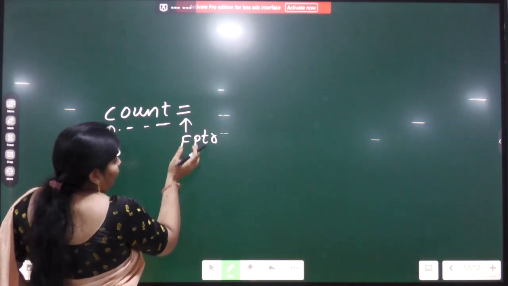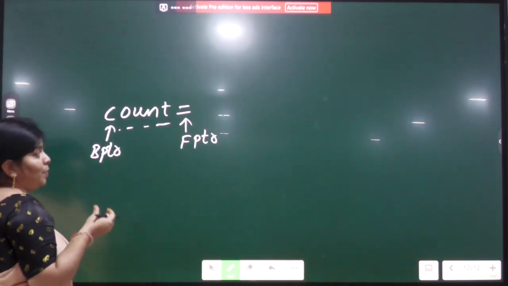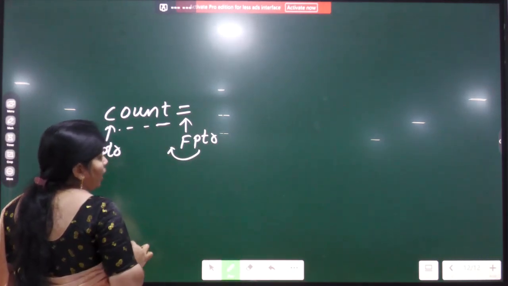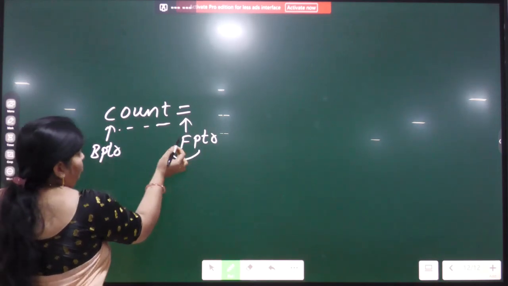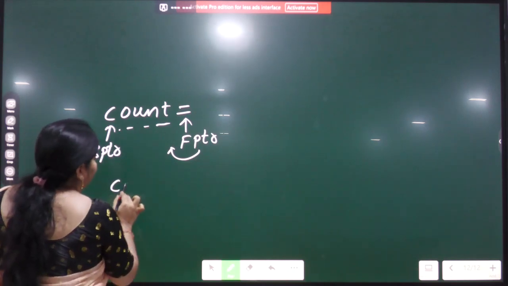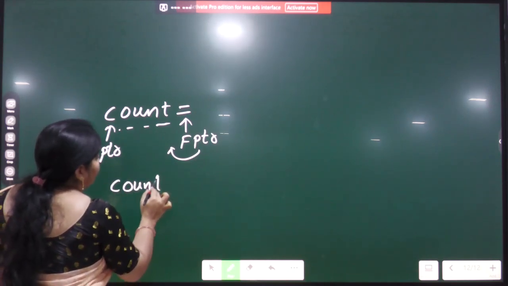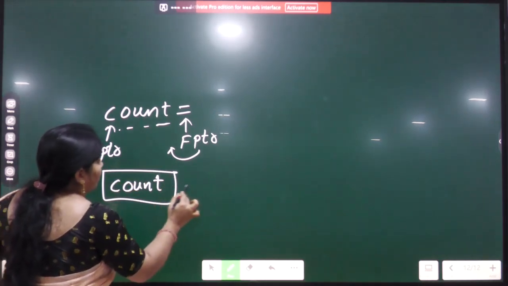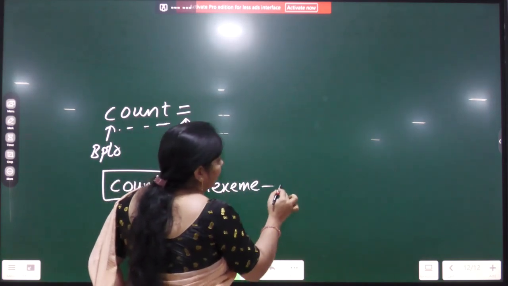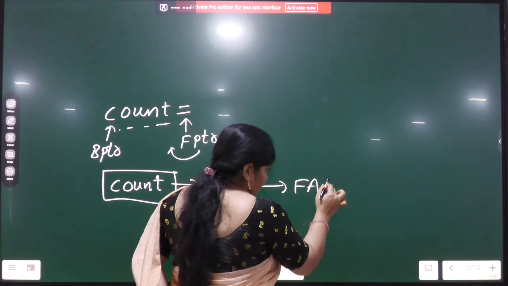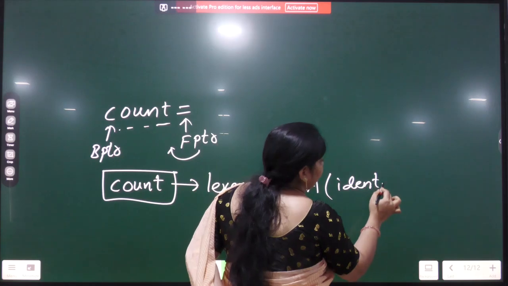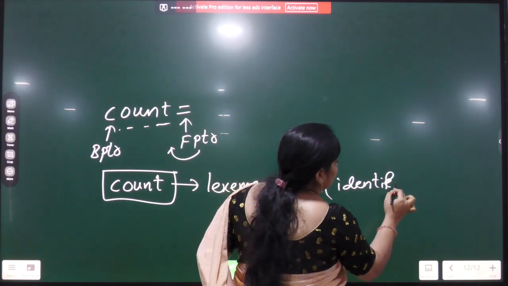Whenever a white space or an operator is encountered, the forward pointer is automatically decremented by 1, the characters between the beginning pointer and forward pointer are taken and considered as a lexeme, and this lexeme is given as input to the finite automata of identifiers. So what is the finite automata for identifiers?